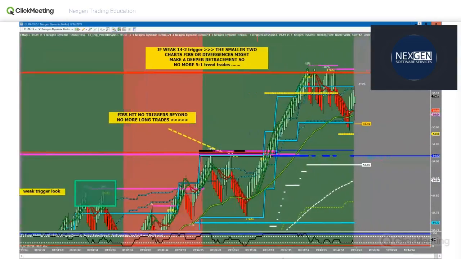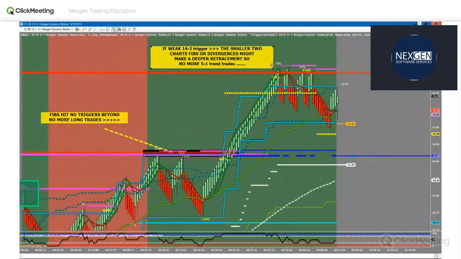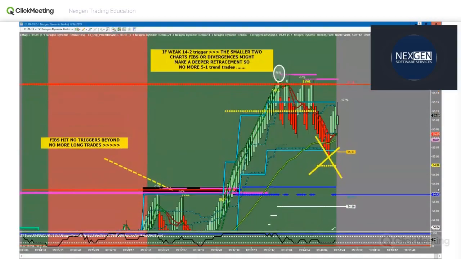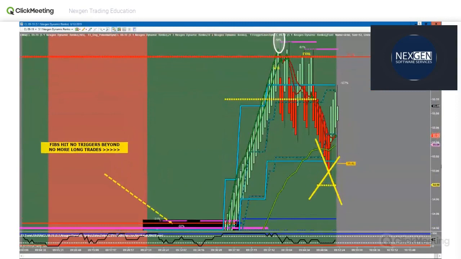You see what I'm saying? So we had the small chart, fibs and divergence, stop us from doing this trend trade, which is wrong. It's still a trend trade. It looks good, right? On the small chart. If you didn't have this fib up here and this divergence, you would for sure say this is a perfect trend trade long. Agreed?